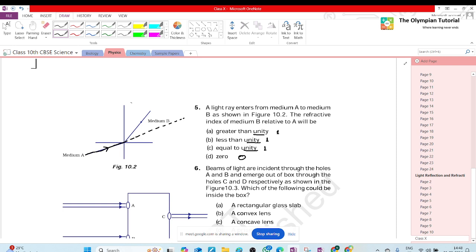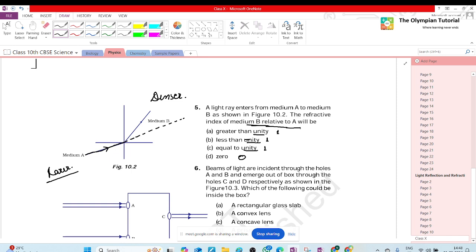Optically denser. Denser means its refractive index is more than A or less than A? More than A. It means medium B relative to A is greater than 1, less than 1, equal to 1 or 0?